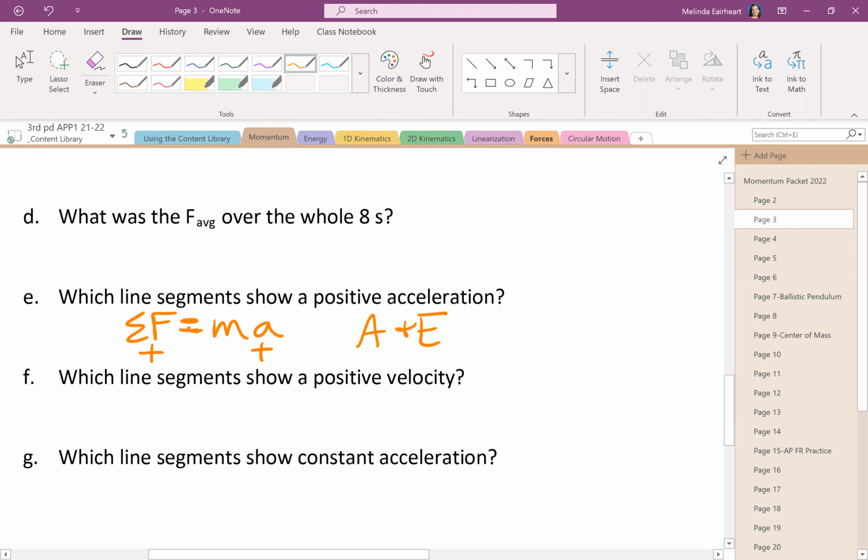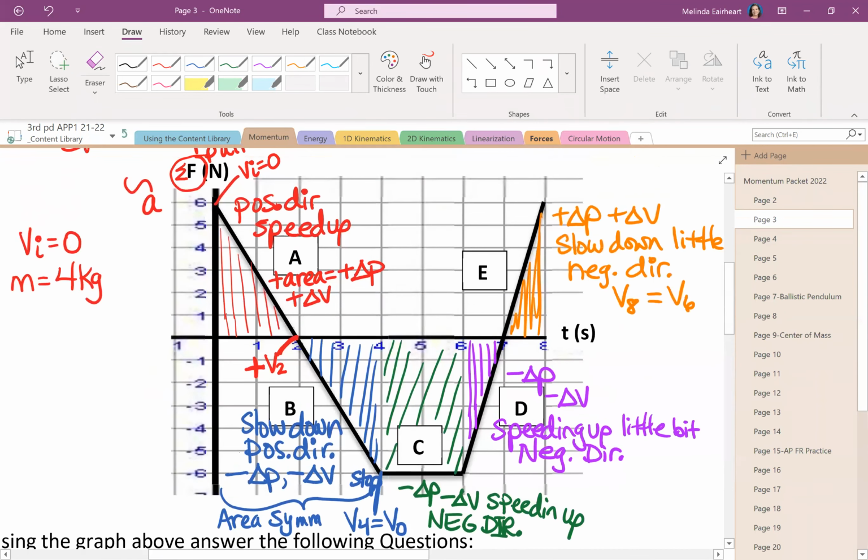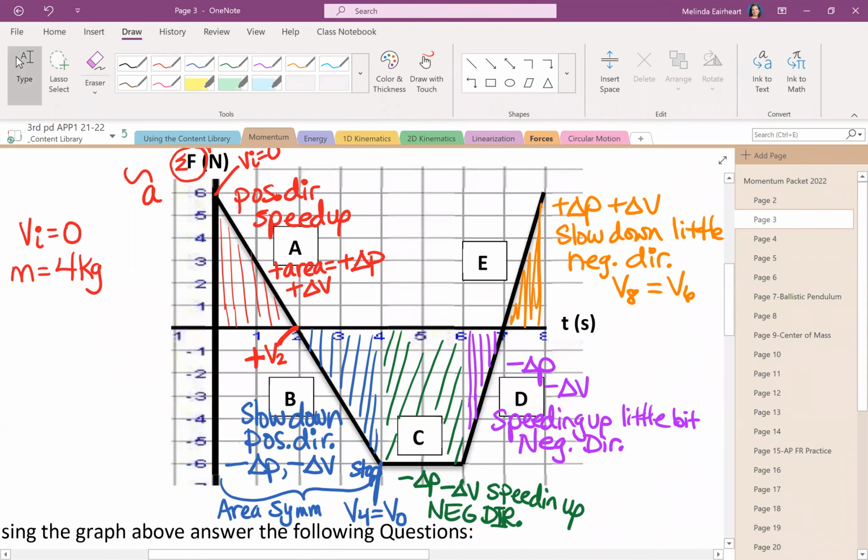Which line segments include positive velocity? That's a little misleading because none of them show it. And remember, the sign of the velocity tells you what? Direction you're moving. That's how we looked at it. So when are you going in the positive direction?